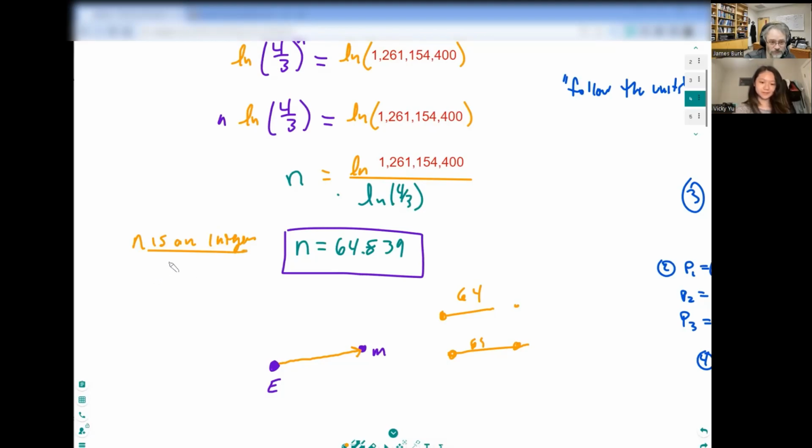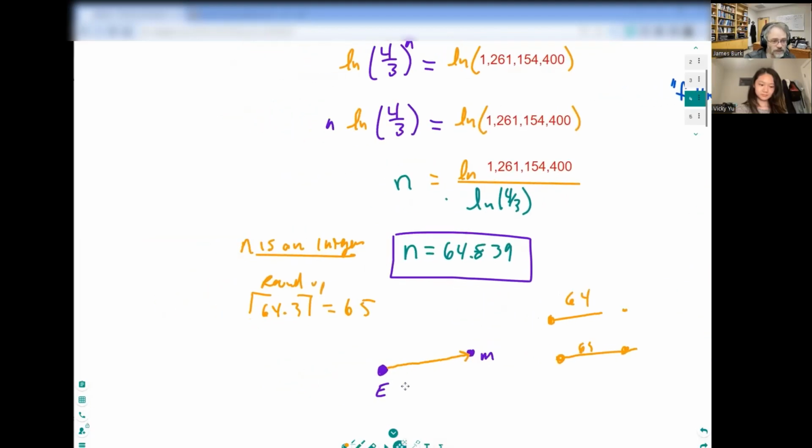And if I want to get there, 64 is not good enough. If it was 64.3, it's still not good enough to say 64 because I'm still a little shy. If I want to make sure I get to the moon, pack a little bit more. In other words, you round up. 65.